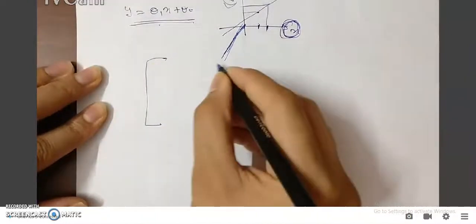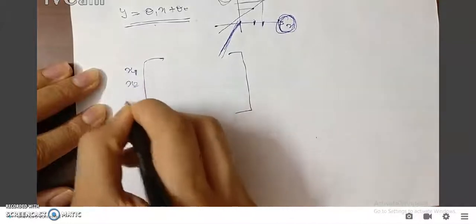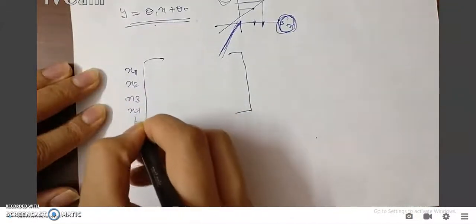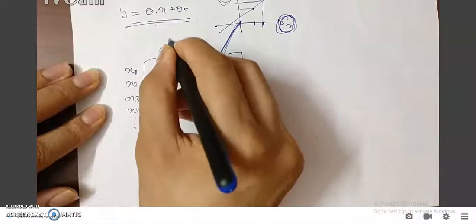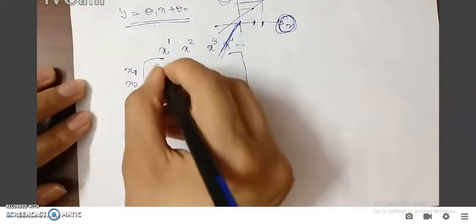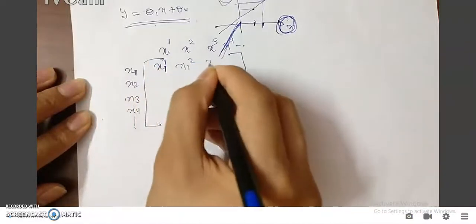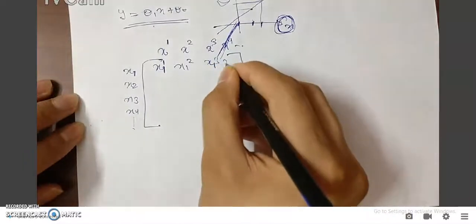So if I draw a matrix for training data, the features are x1, x2, x3, x4, like this. So this particular data point would be x11, x12, x13, x14.